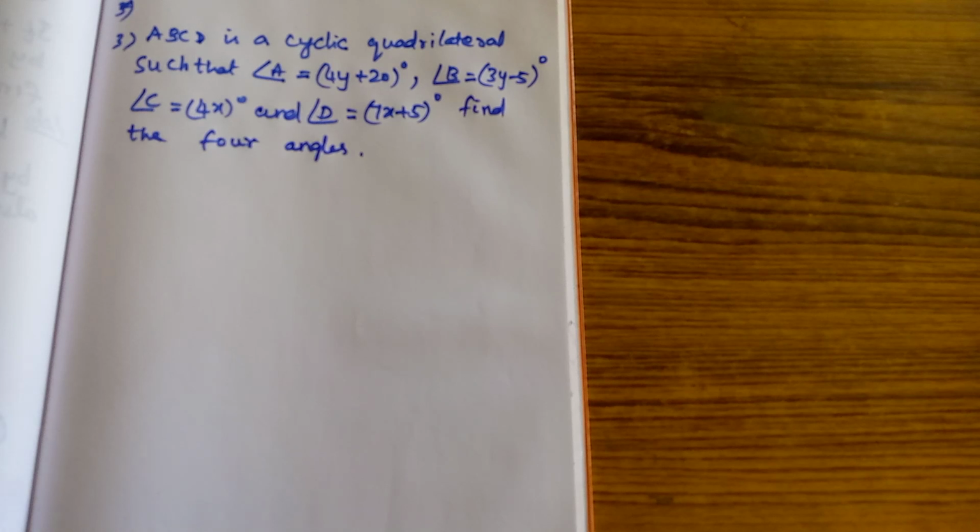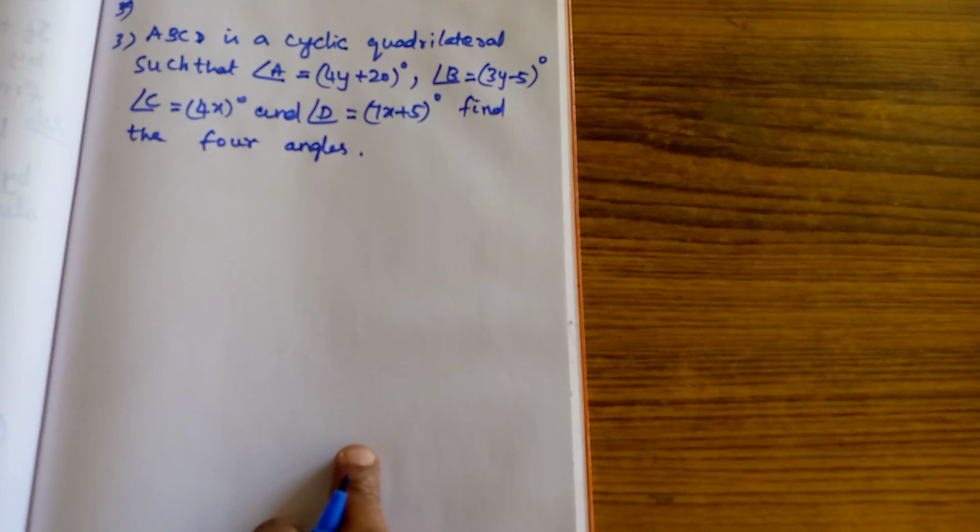There is a cyclic quadrilateral given. What is meant by quadrilateral? Quadrilateral is the closed figure made by 4 line segments. So square, rectangle, rhombus, parallelogram, everything can be said quadrilateral. It has 4 sides, 4 vertices.